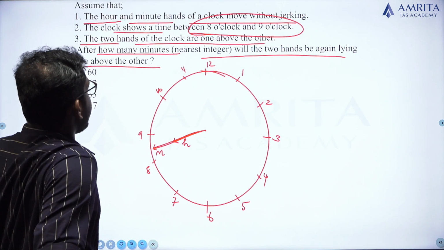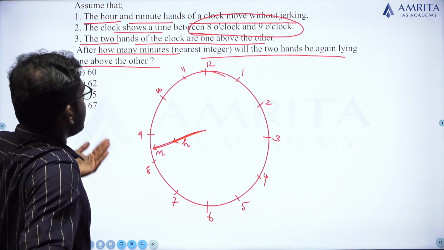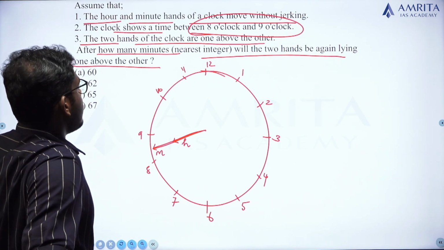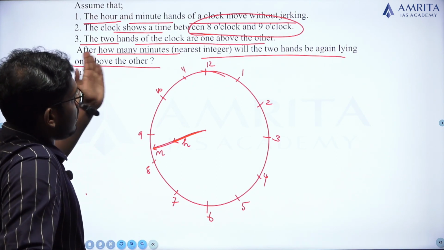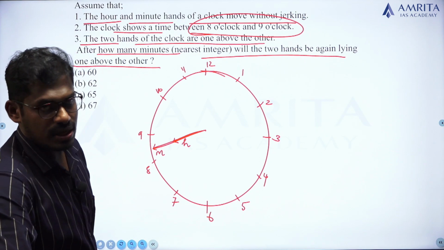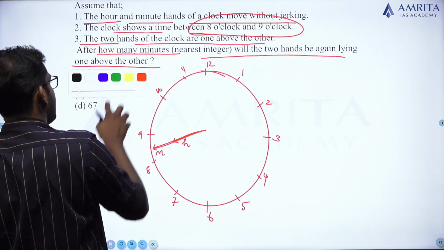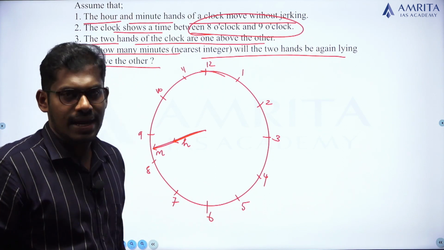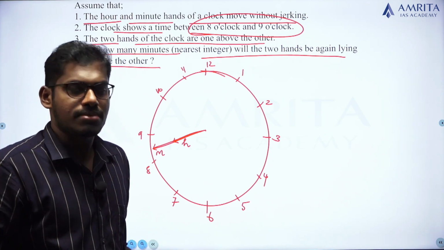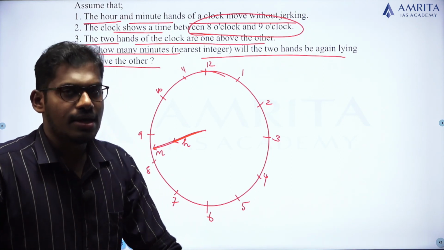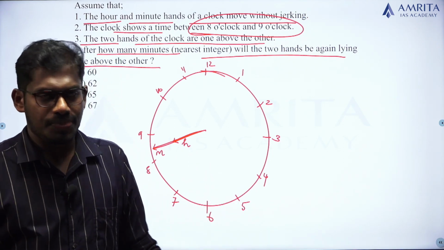We have to find the time, the minutes taken by the minute hand, so that they are again lying one above the other. Clear? Okay. So listen carefully. If you understand the basic idea of the time taken to complete 360 degrees by the minute hand, you will answer this question easily. Clear? Okay, listen.